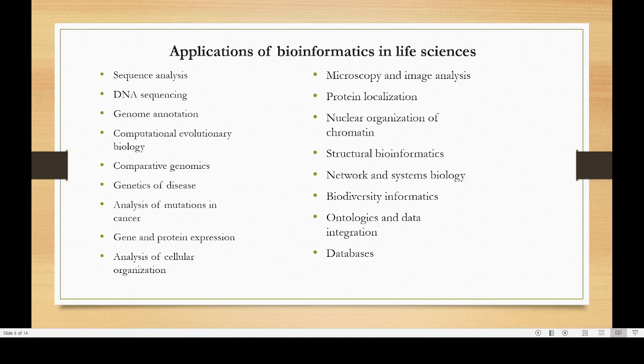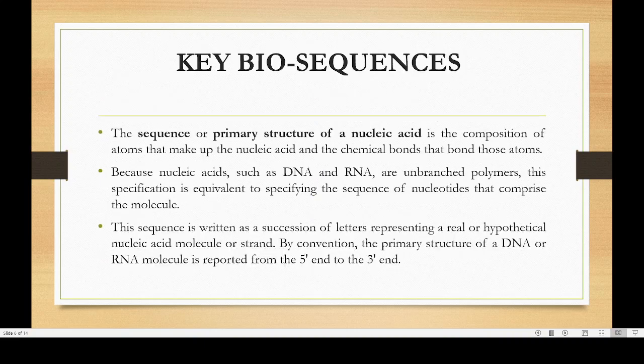So that kind of technique is available now, and that is what image analysis means. Then here also you can find biodiversity information, ontology and data integration. The different branches are there, about which we will be studying. I am not going to spend much time on explaining that.